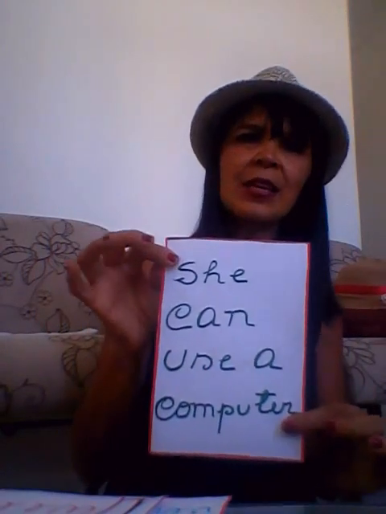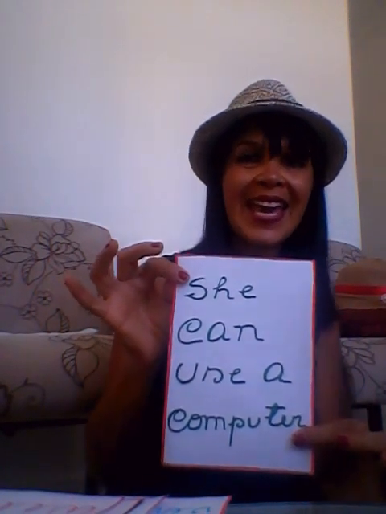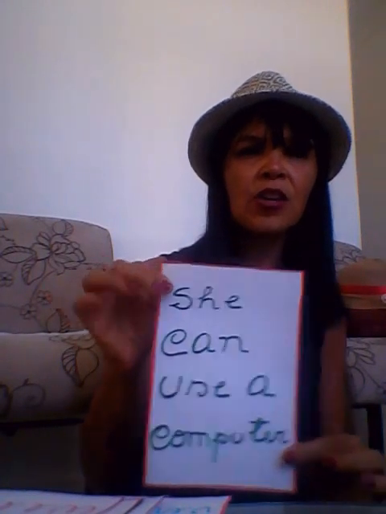My sister, I have a sister whose name is Christina. Chris, she's a systems analyst. She works with computers, so she can use a computer. She has the ability of using computers. What about cooking? Cooking, prepare some lunch, prepare some food.